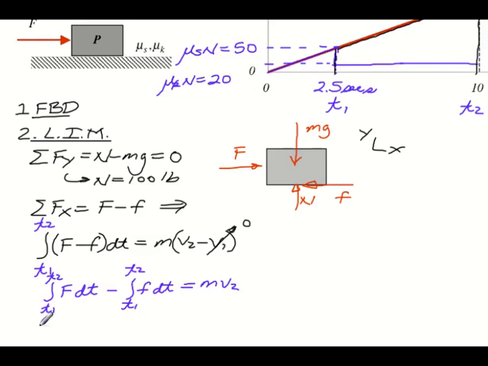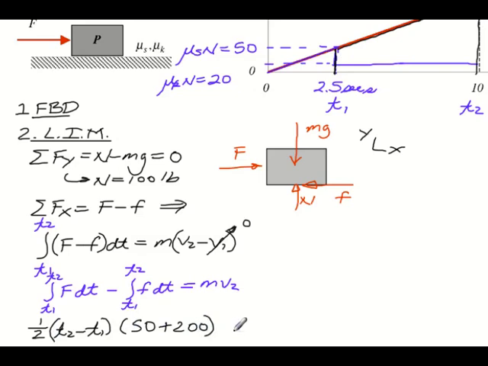So that's going to be 1/2 the base, which is T2 minus T1, times the sum of the two sides. Recall the area under a trapezoid is 1/2 the base times the sum of the two sides. So the left-hand side is a 50. The right-hand side is 200. So that's the applied force.